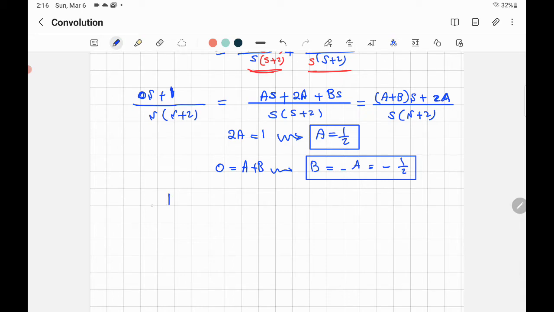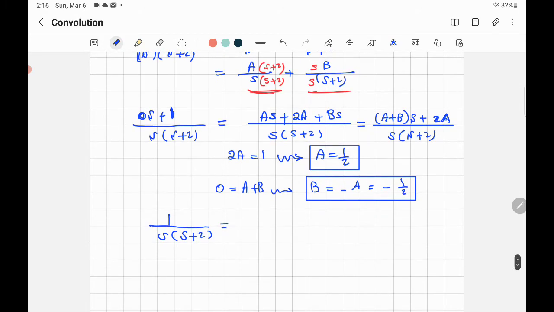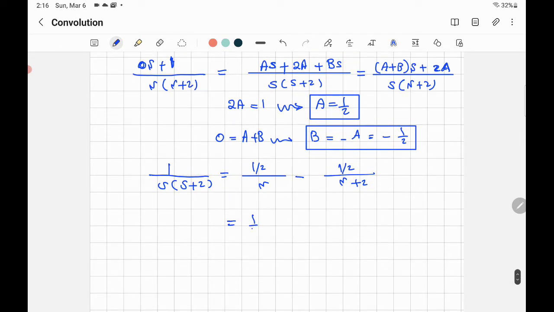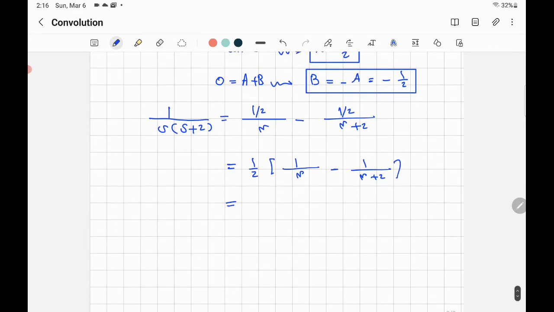So 1 over s times s plus 2 equals a, which is 1/2 over s, minus 1/2 over s plus 2. And if you take 1/2 as a common factor, you have 1 over s minus 1 over s plus 2. Now you have back s as j omega.